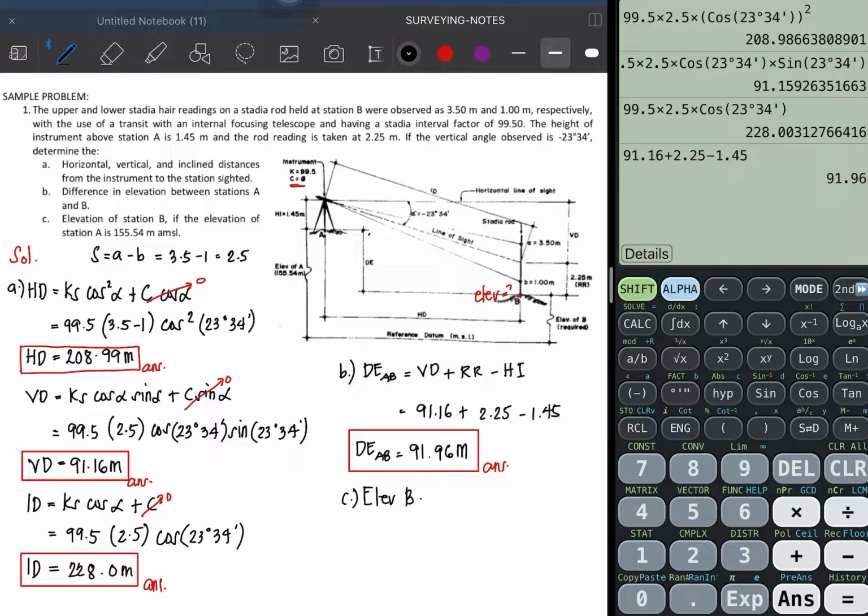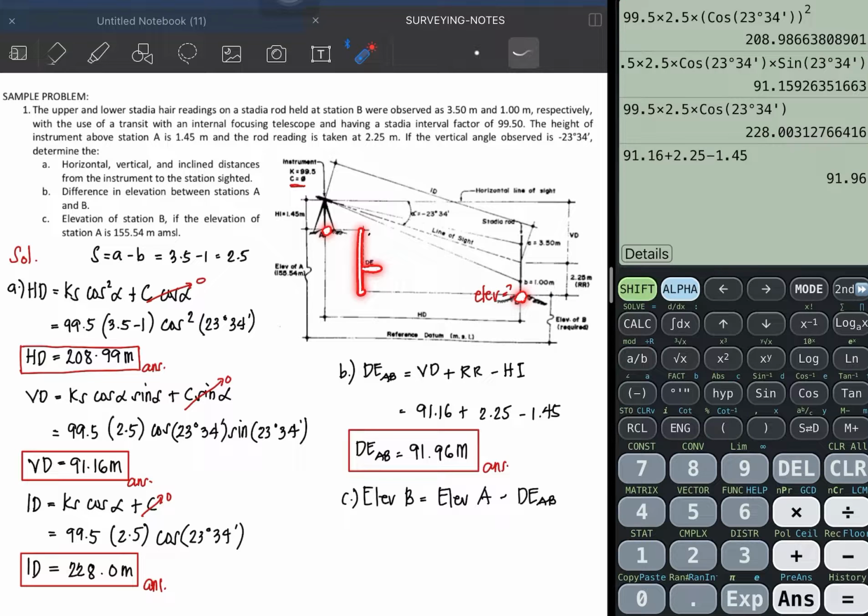So to solve for the elevation B, that is equivalent to elevation A minus the difference in elevation between A and B. So based on the illustration, the elevation of B is equivalent to elevation of A minus the difference in elevation between A and B. Okay, so substitute the values.